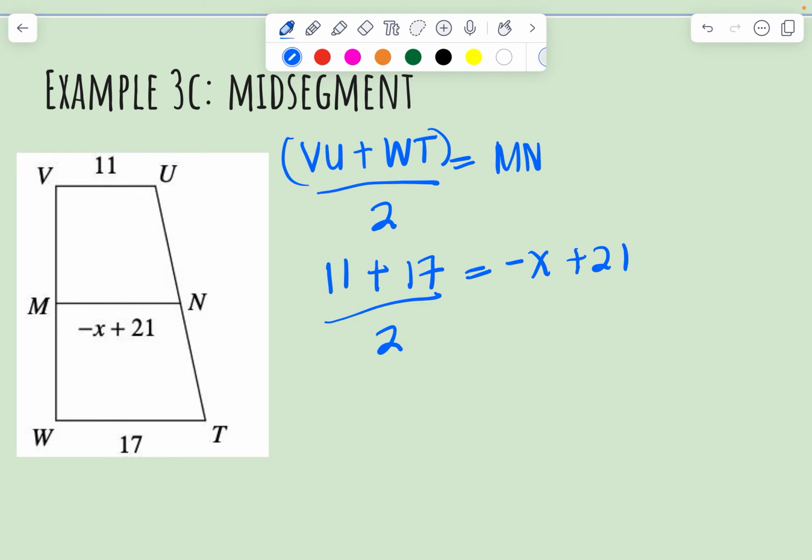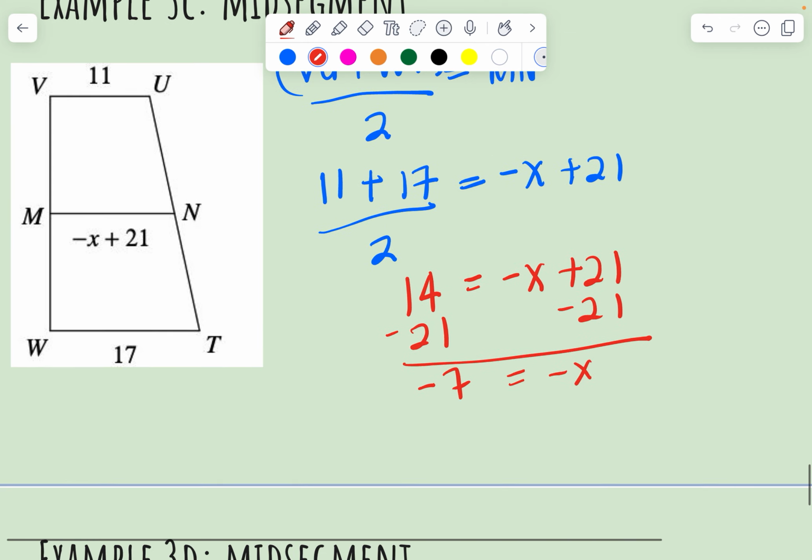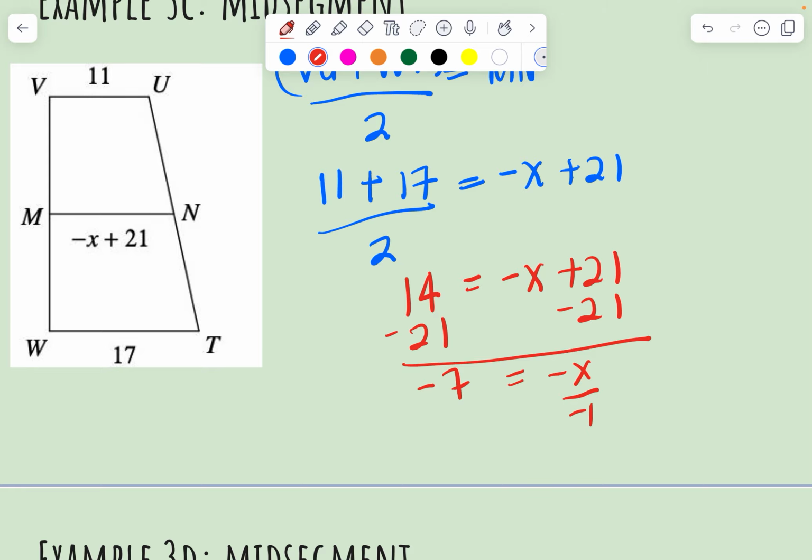If I look at the left side here, 11 plus 17 is 28. And 28 divided by 2 is 14. So 14 equals negative X plus 21. Taking 21 from both sides, we get negative 7 equals negative X. But I want positive X, so I'm going to divide both sides by negative 1, and I get that X is positive 7.